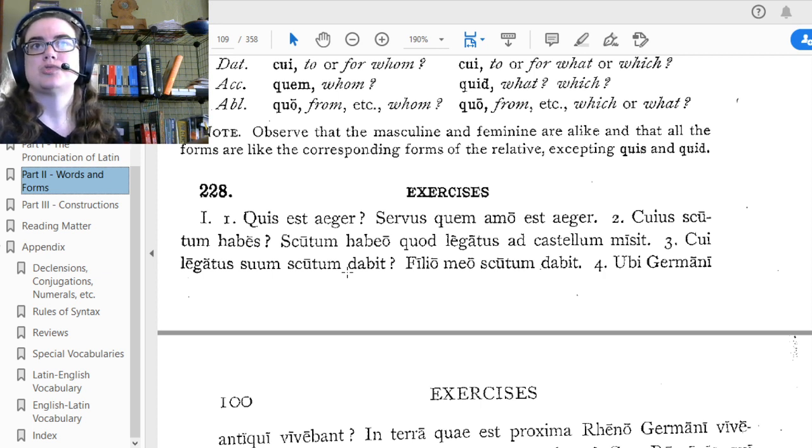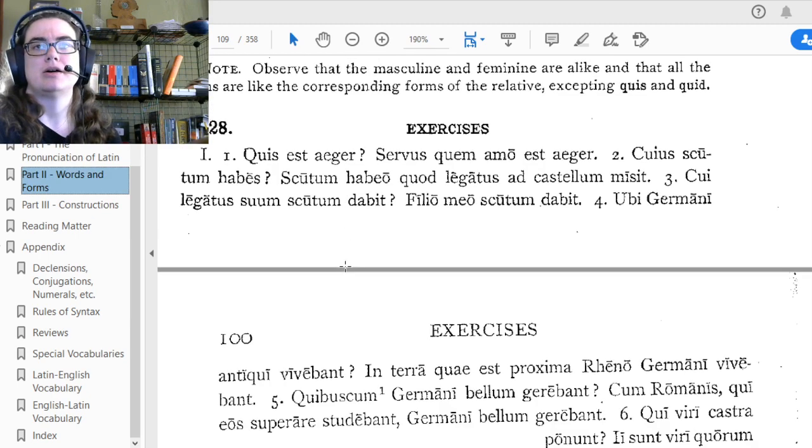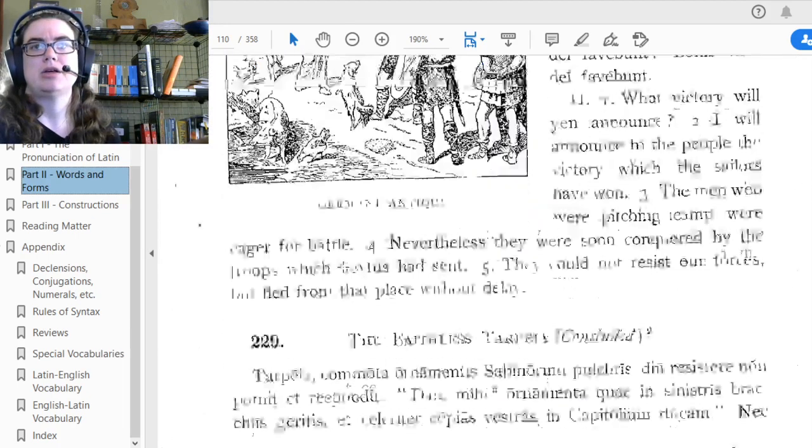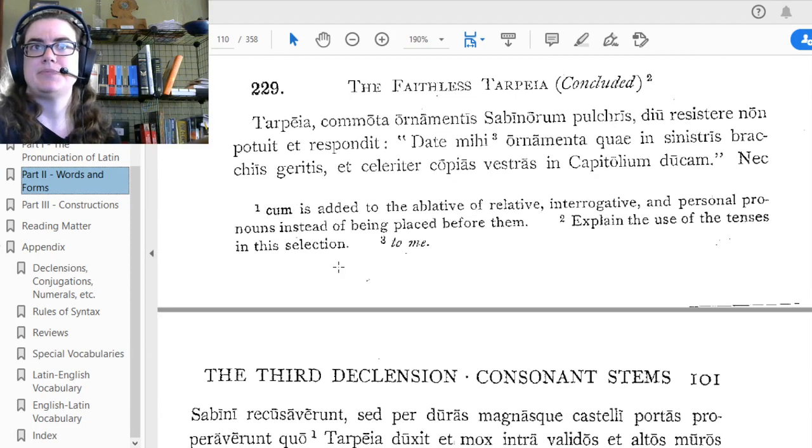Cui legatus suum scutum dabit? To whom will the legate give, future, dabit, his own shield? Filio meo scutum dabit. He will give the shield to my son. Okay. Not hard, really. In context, it generally is pretty easy.